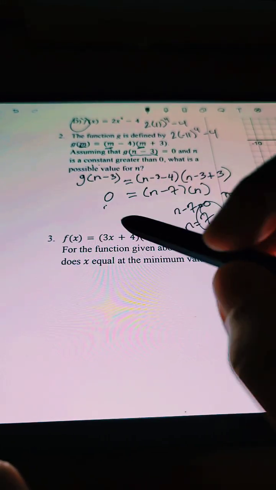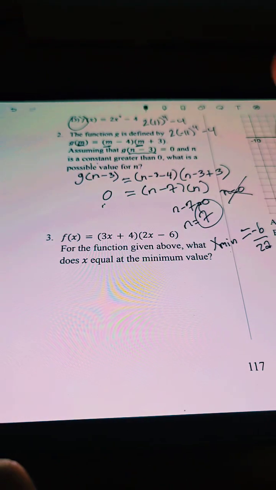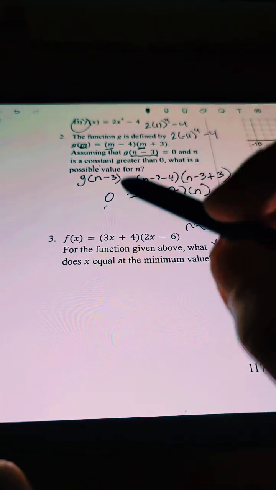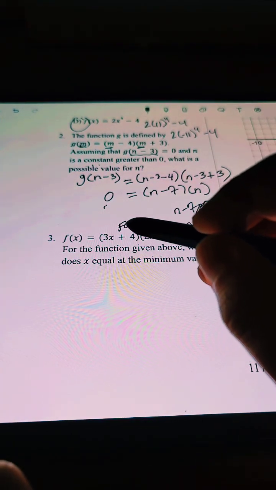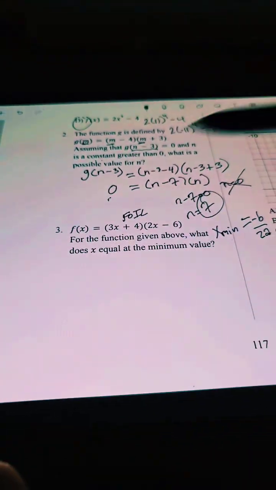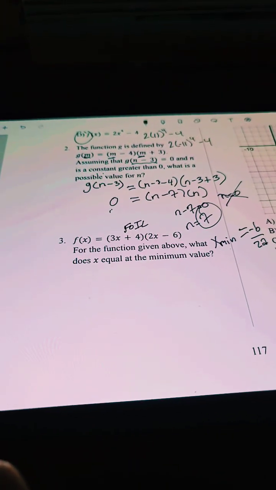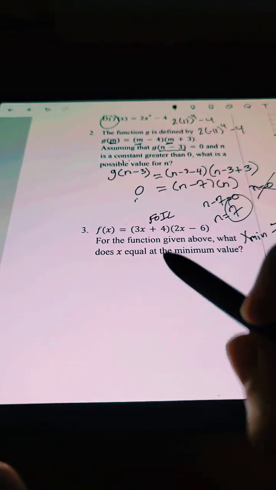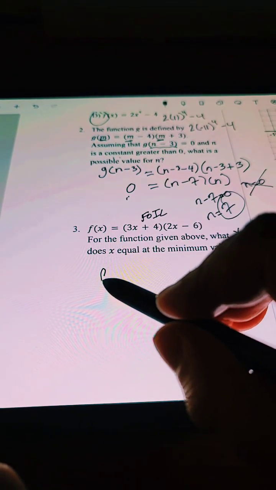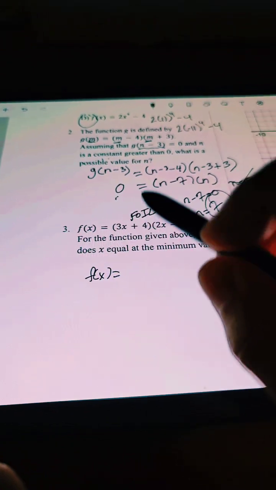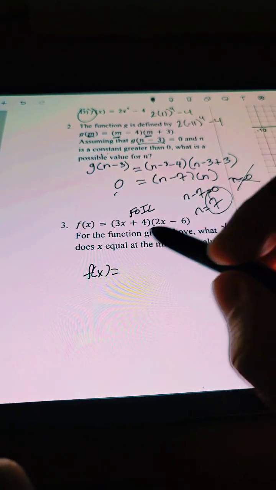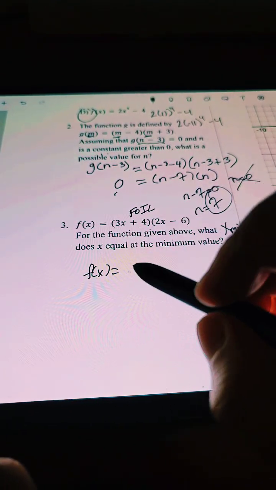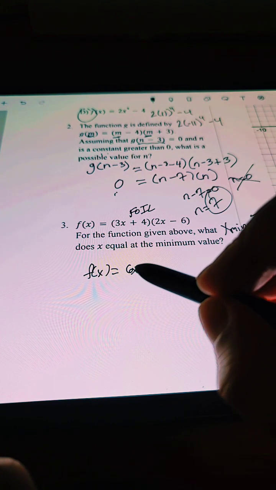Now, you'll see this doesn't look like your typical parabola quadratic where you start with an x squared term. In order to have it all written out nicely, like x squared plus something times x plus the constant, we're going to have to FOIL this all out. F in FOIL stands for multiplying the first things together, so 3x times 2x, which is 6x squared.